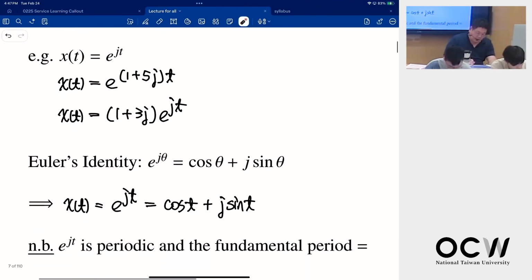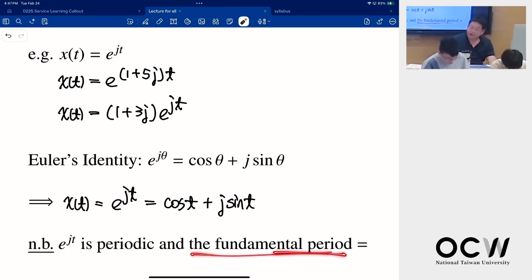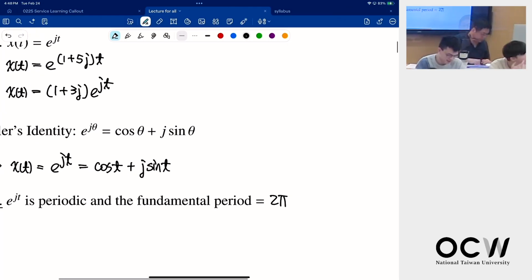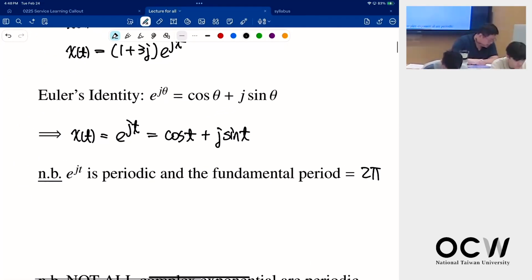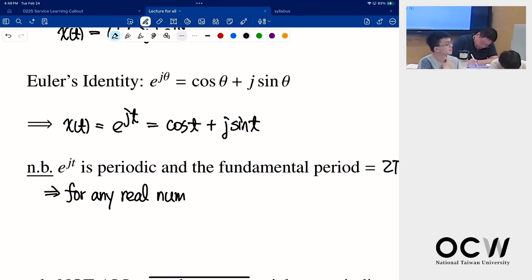And here, e to the jt is periodic. What is the fundamental period? You can see here we have a cosine and sine. So what is the fundamental period? 2 pi, right? So this is for any real number omega naught.